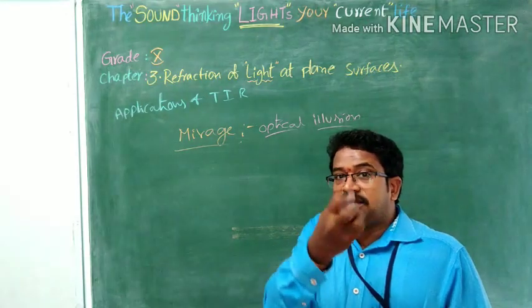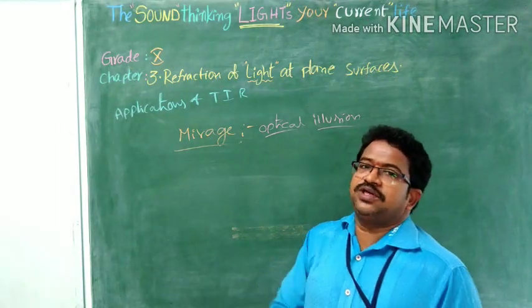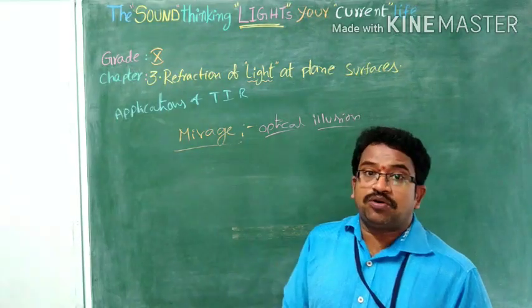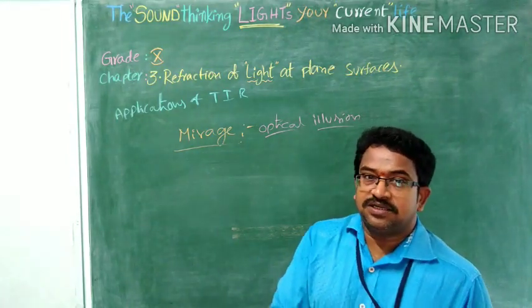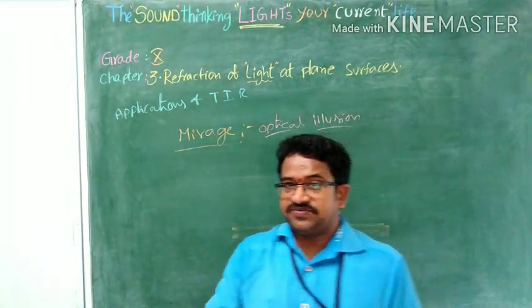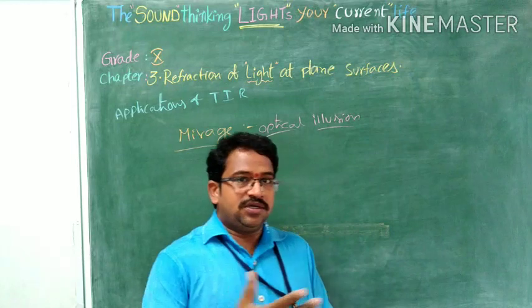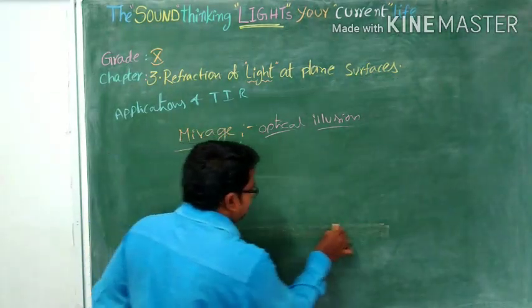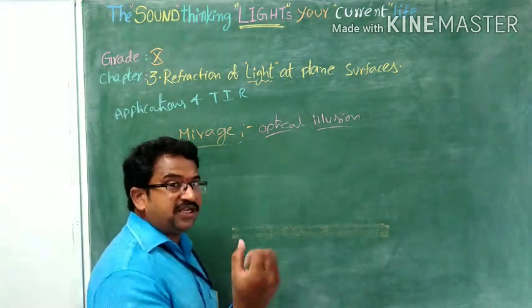Less specific heat means it can absorb heat very quickly, within a short span of time. It won't retain it for long because the specific heat is less. If the specific heat is more, it can be retained for a long time. So, with less specific heat, it immediately absorbs the heat.